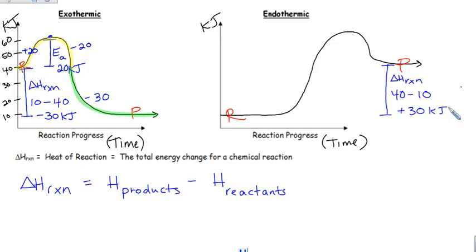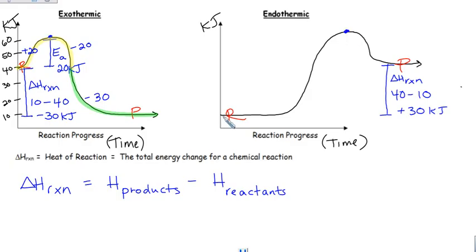The biggest difference is the activation energy. Because again, we mentioned that way up at this peak is where we have sufficient energy for the chemical reaction to occur. Well, in the exothermic reaction, your reactants are already at a pretty high energy level. But now in the endothermic, my reactants are starting in the pits. They're already at a low energy level.